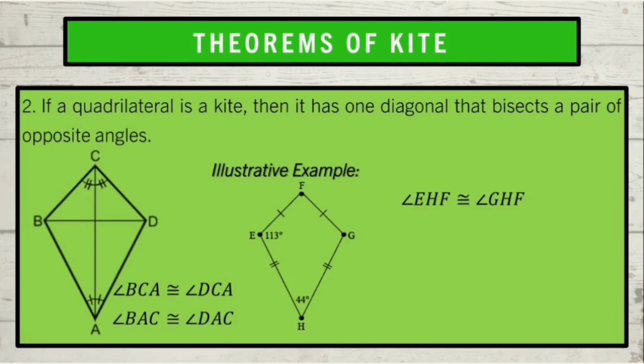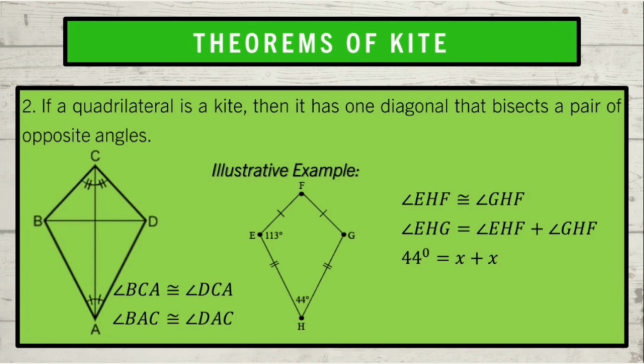We will have angle EHG is equal to the sum of angle EHF plus angle GHF. By substitution, we will have 44 degrees, which is the value of angle EHG, is equal to x plus x, since the value of EHF and angle GHF are unknown.